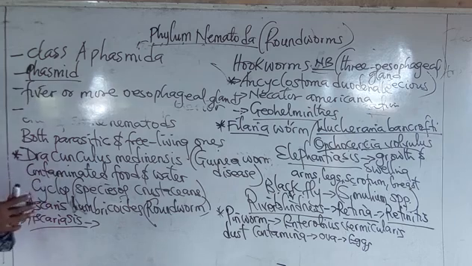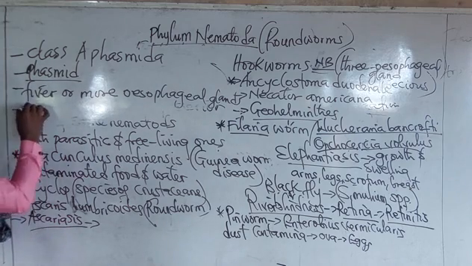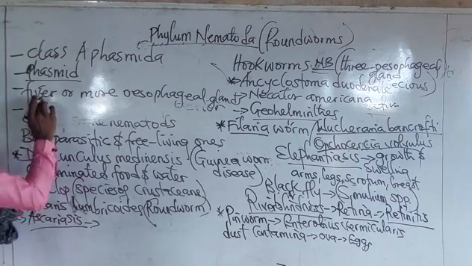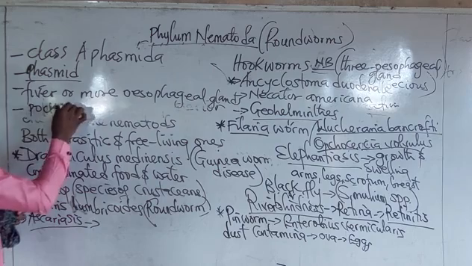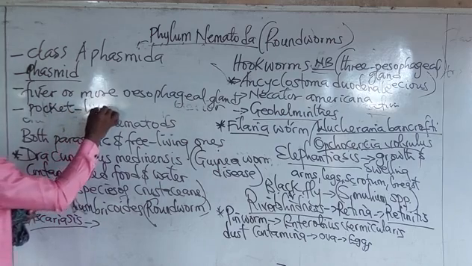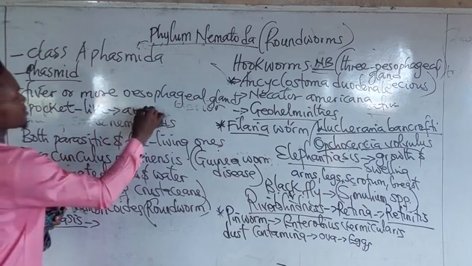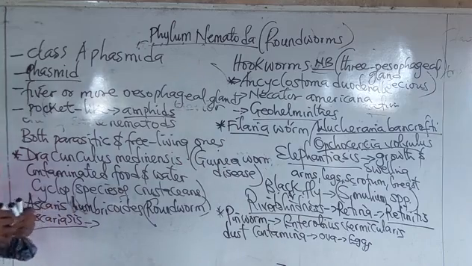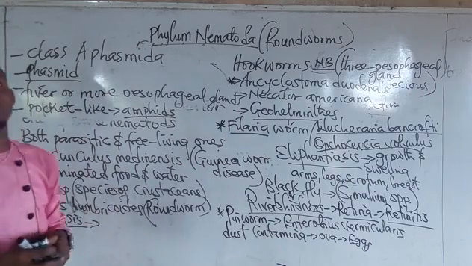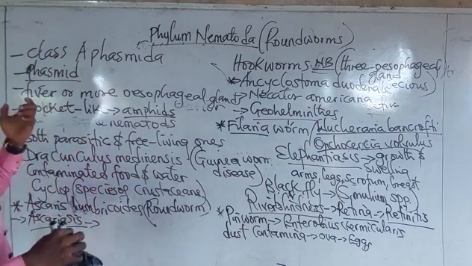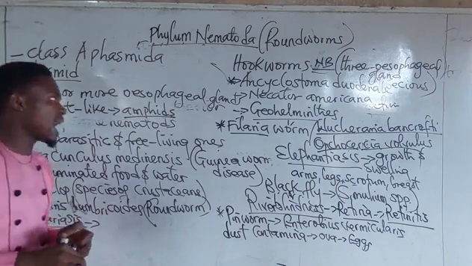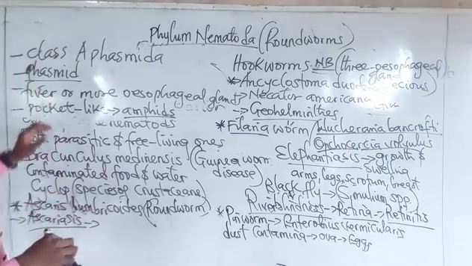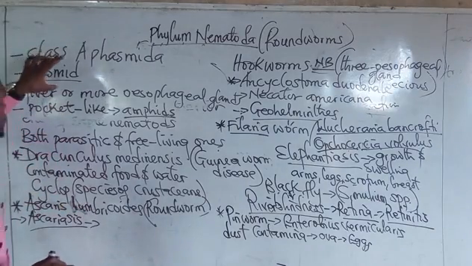And they possess a well-developed pocket-like structure called amphids. Which of these classes of Phylum Nematoda possesses a pocket-like structure called amphids? Please, it is class Aphasmida.